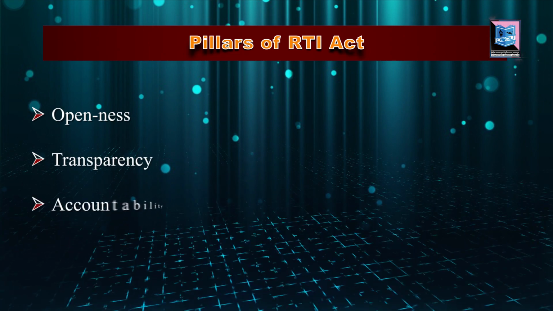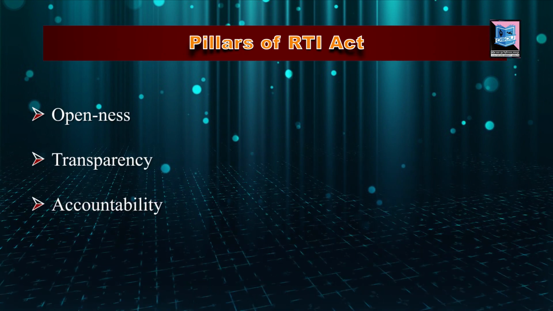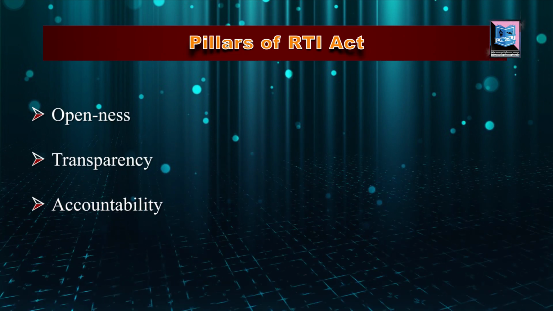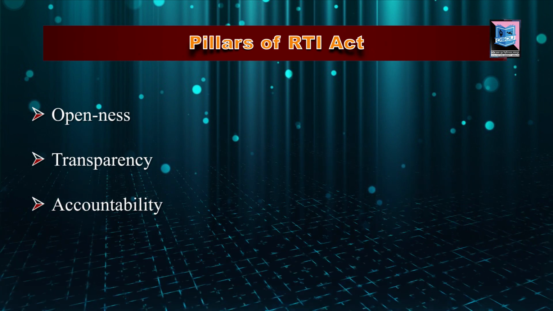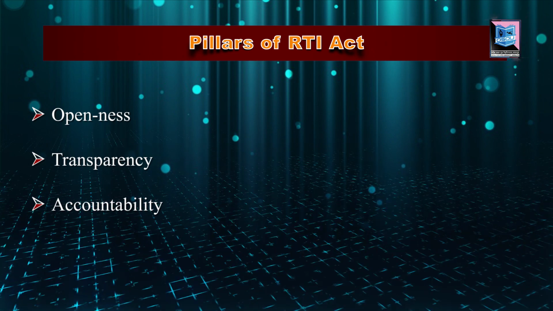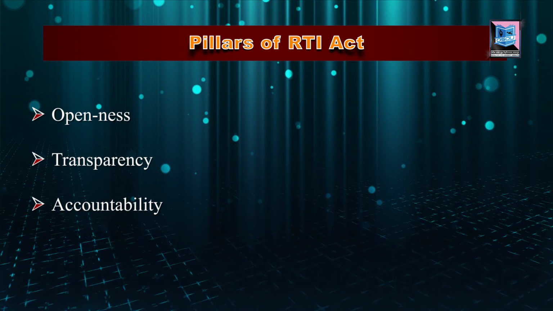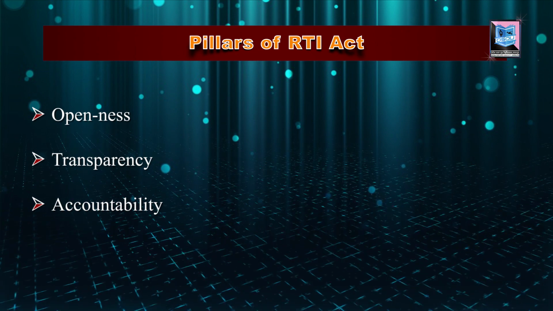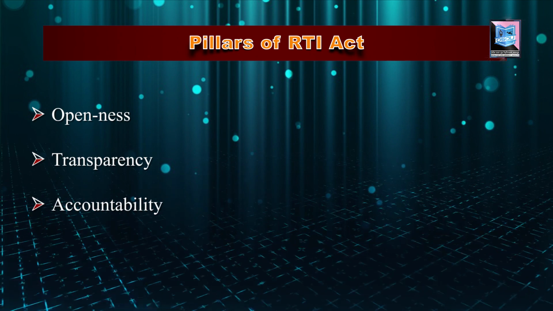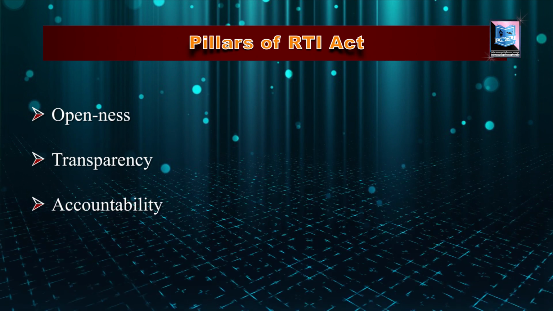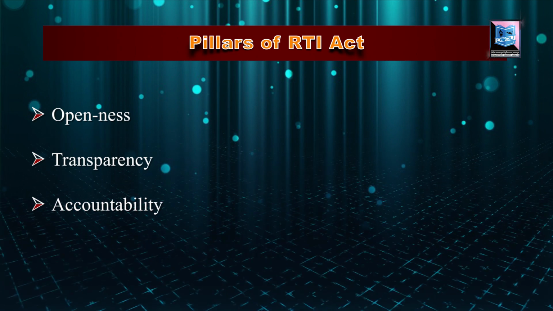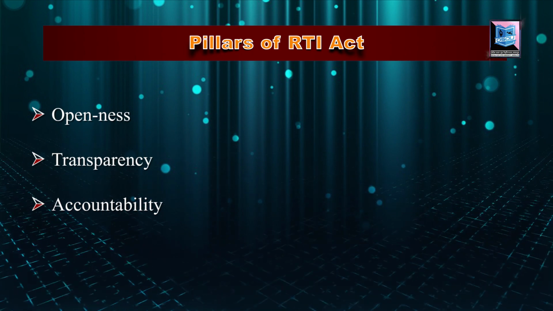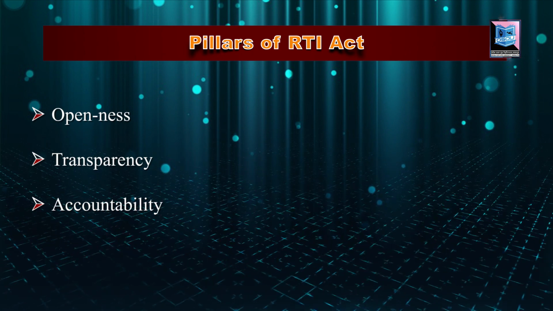Number one, openness, transparency, and accountability. And it is with these visions that the Right to Information Act was promulgated in the year 2005, and finally it paved the way for citizens of India to access information from the government within a stipulated time.